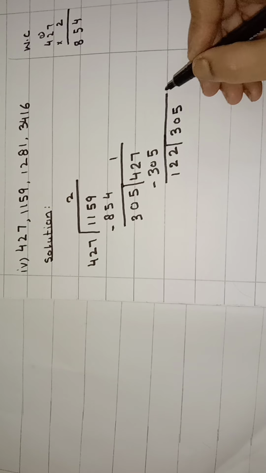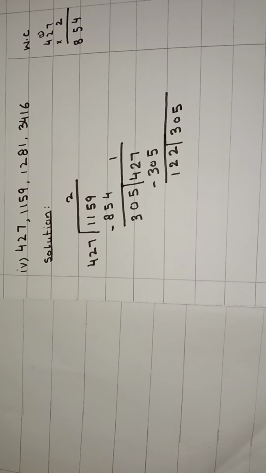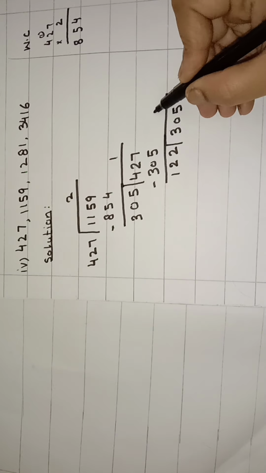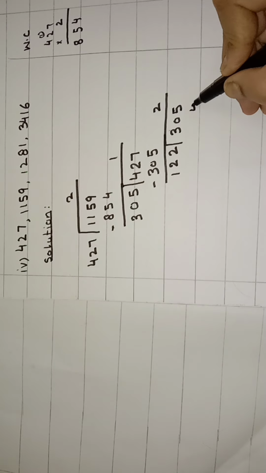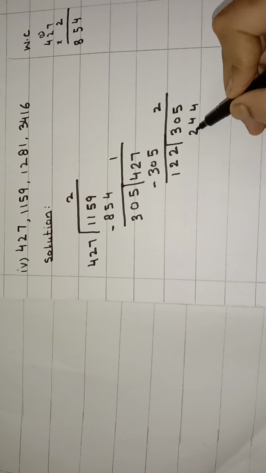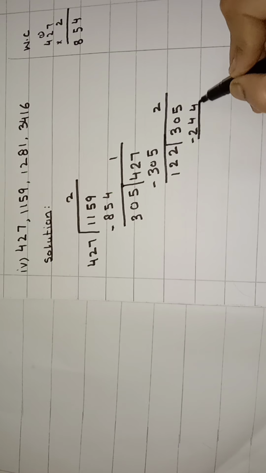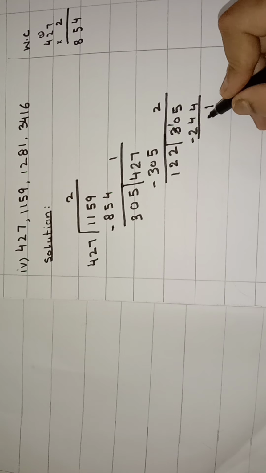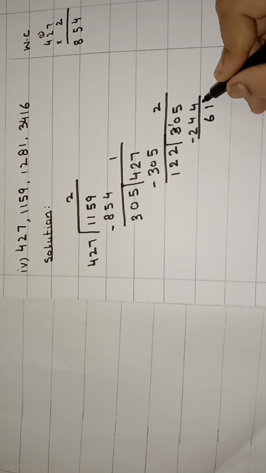305 divided by 122: 122 twos are 244. 5 minus 4, 1, here 10 minus 4, 6.